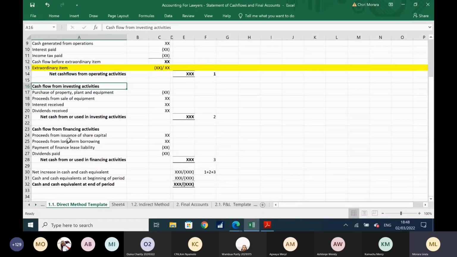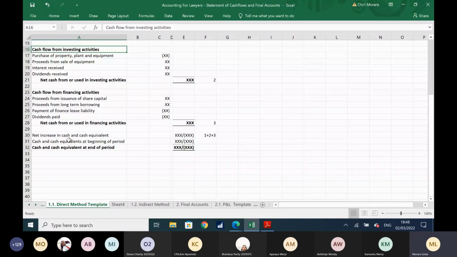from your investing activities. You also have your cash flow from financing activities. There you're trying to raise finance. So have you taken a loan? That's an inflow. Have you issued shares and people are paying for it in cash? Then that is an inflow. But then also, have you paid out some dividends?